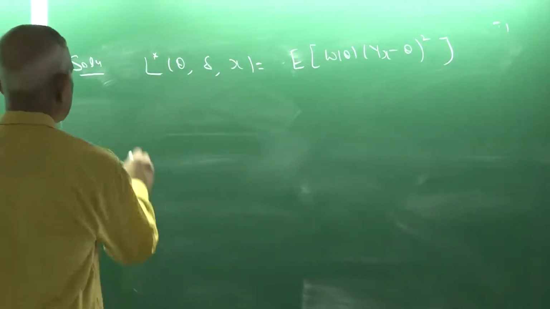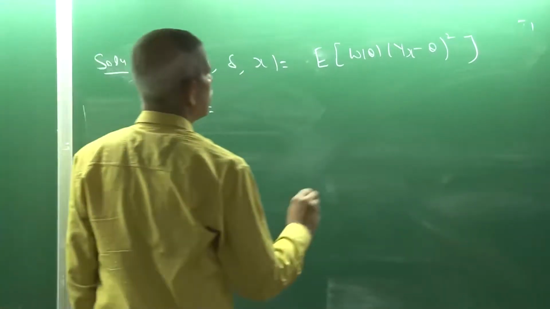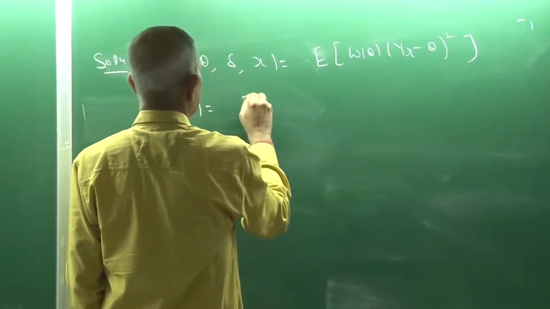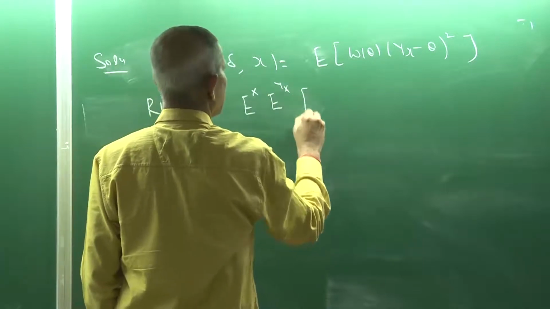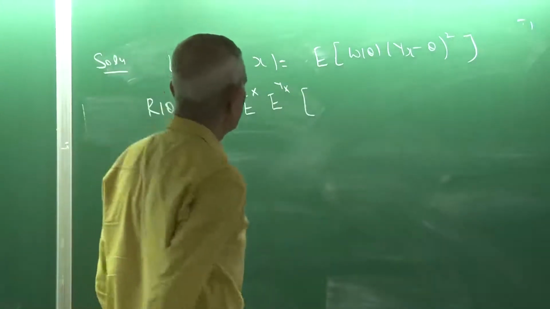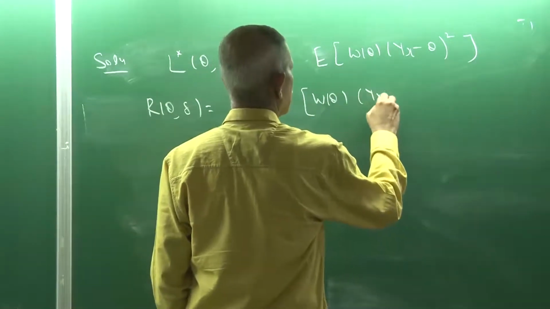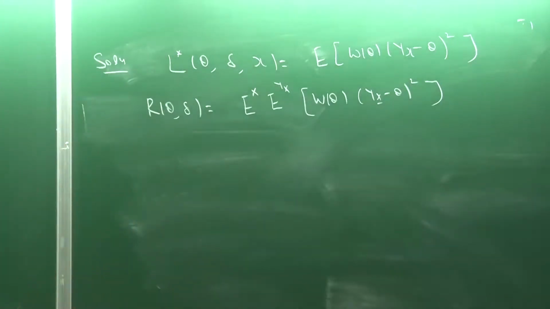What is r theta delta? So this is for expected value of Y for a given x. So this is same as expected value of x, expected value of Y of... what is r pi delta?